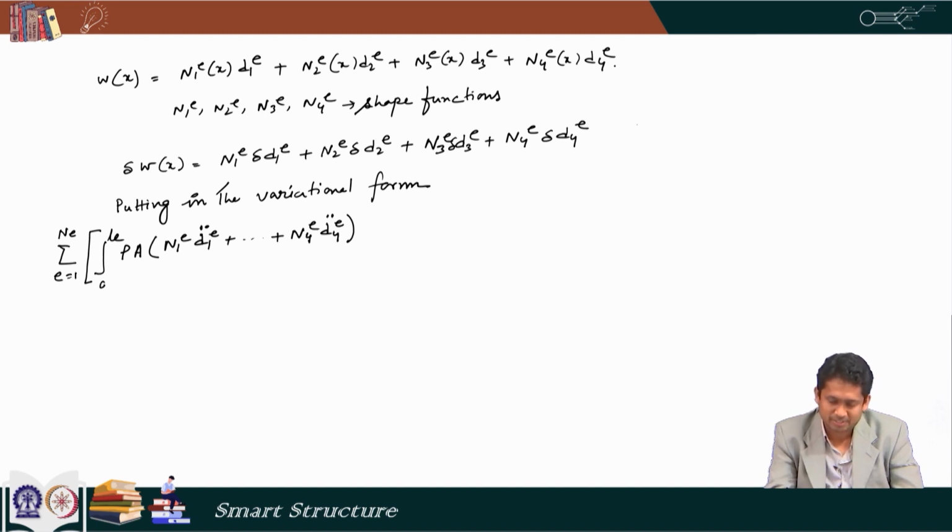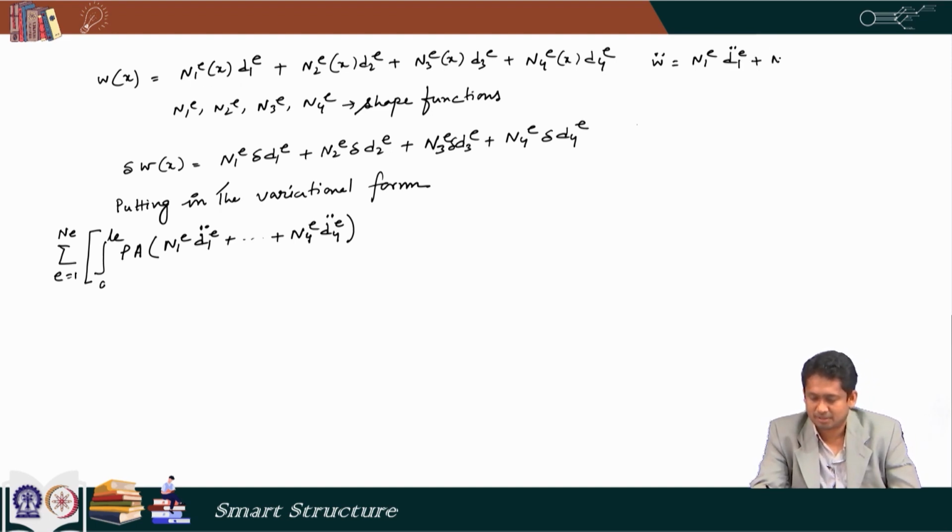So, if my w is this, then w double dot is n1 multiplied by d1 double dot, because n1 is not a function of t, but d1 can be a function of t as we discussed. Similarly, n2 into d2 double dot plus n3 into d3 double dot plus n4 into d4 e double dot.